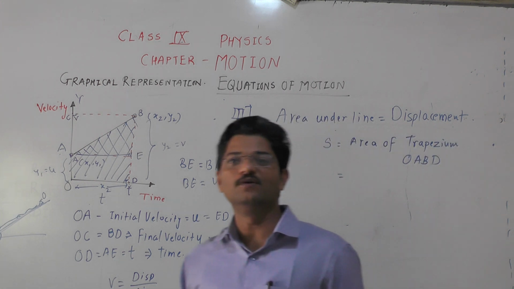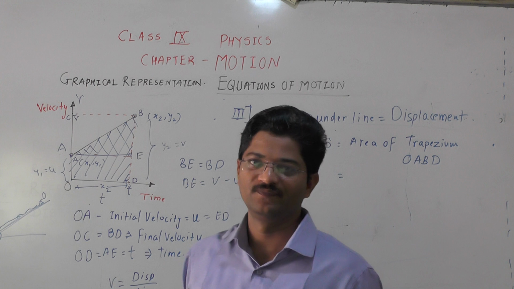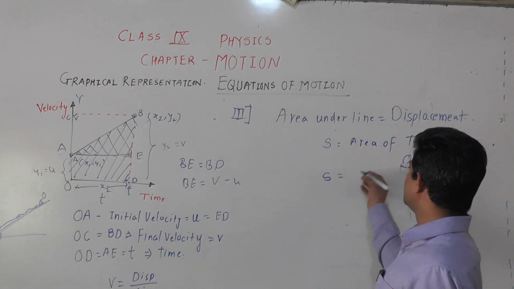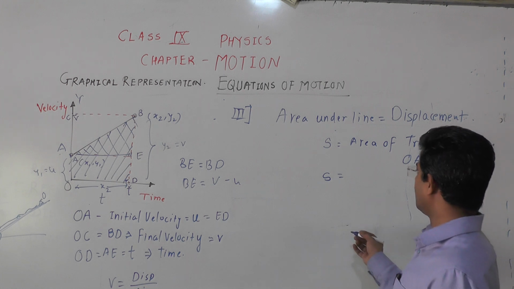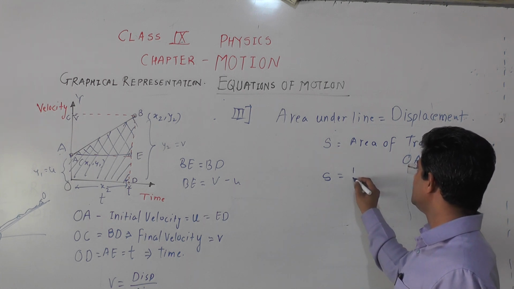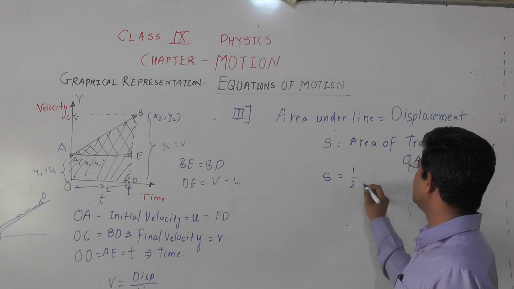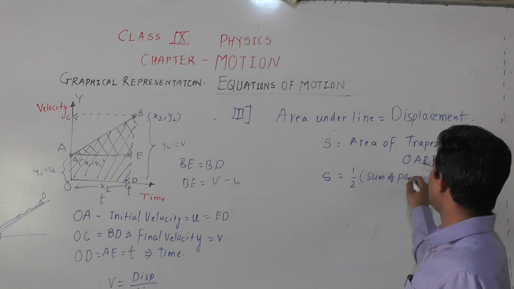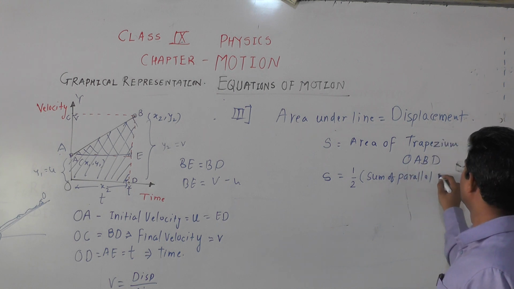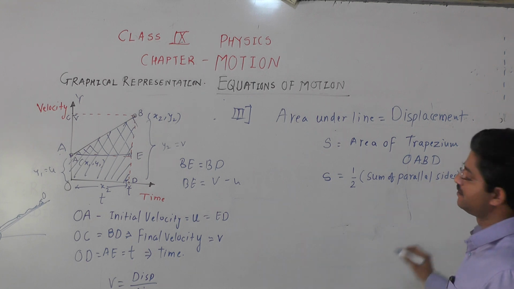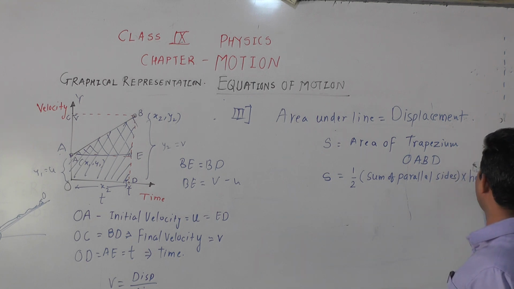What is the area? Check your geometry books and quickly tell me. Okay, I will tell you the formula. The area of a trapezium is equal to 1/2 into the sum of parallel sides into height.